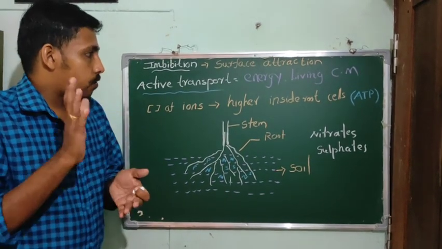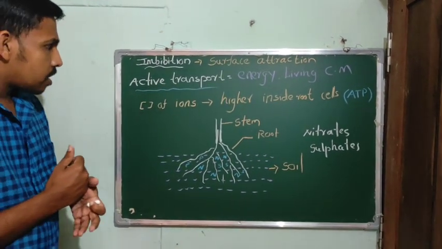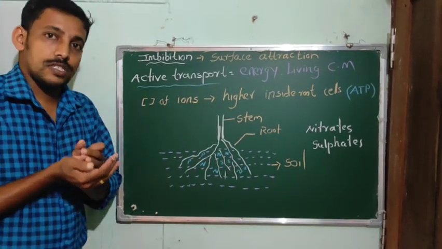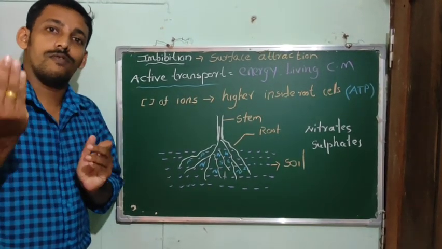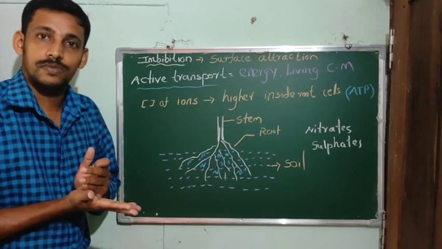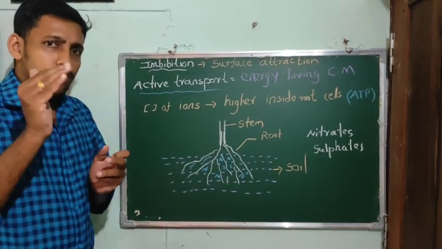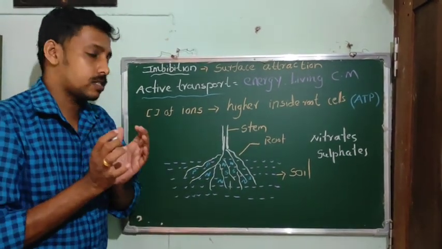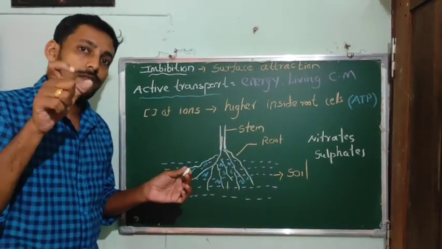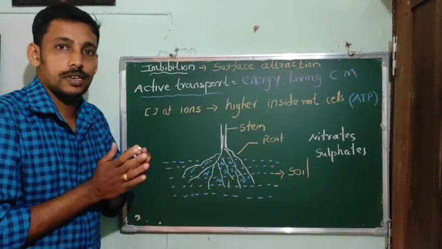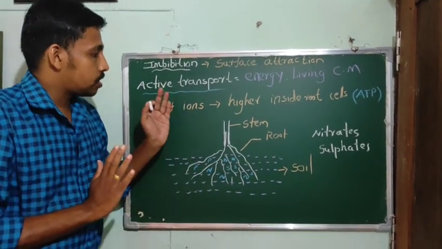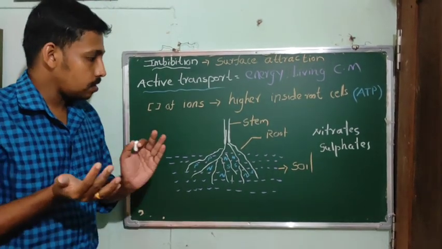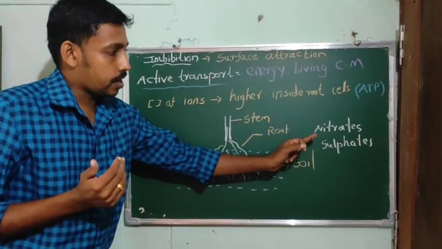For example, we know that the concentration of ions such as nitrates, sulfates and manganese is very much higher in the roots. In the plant's roots, inside the vacuole of the cell, we can see the increased concentration of these nitrates and sulfates.